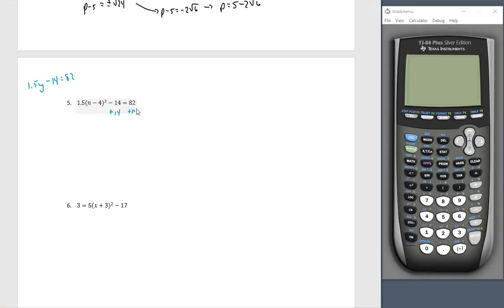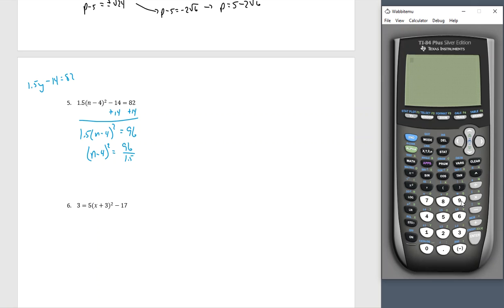Same ideas, isolating the squared part as just solving for y. I'll have 1.5 times n minus 4 all squared equals 96. To get the n minus 4 by itself, I will divide 96 by 1.5.